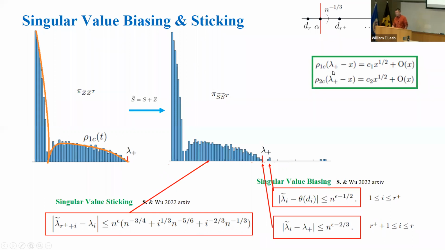Besides, we have the behavior of the asymptotic distribution of the eigenvalues: around the bulk edge, the density of the rho 1c eigenvalue distribution has a square root behavior, with an error term of order x.